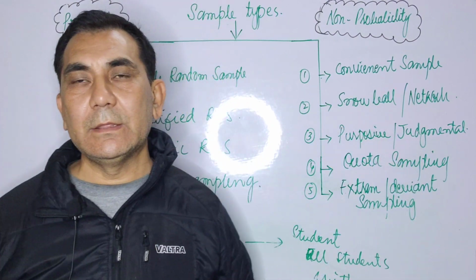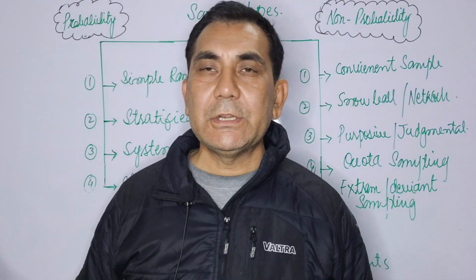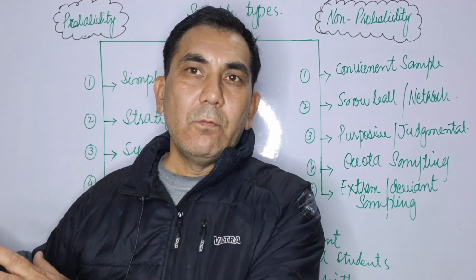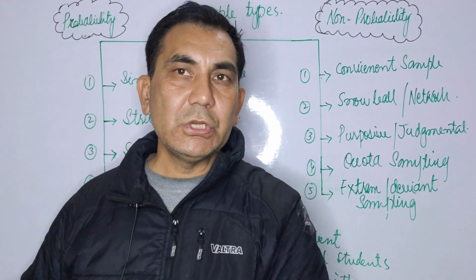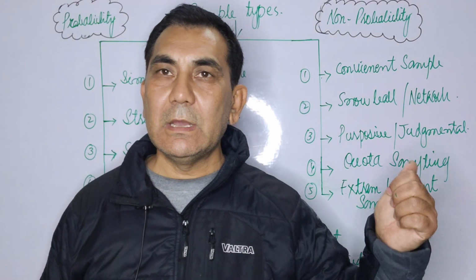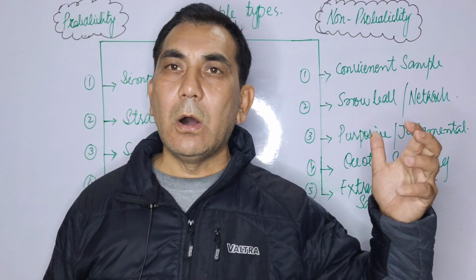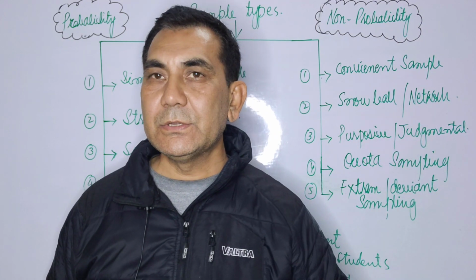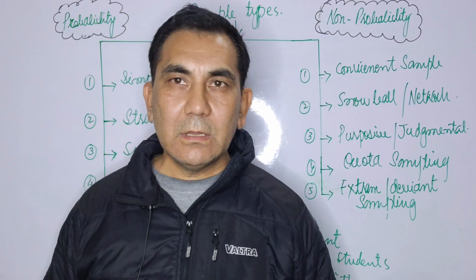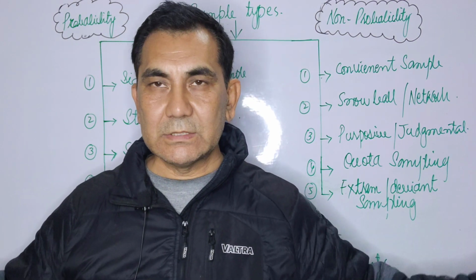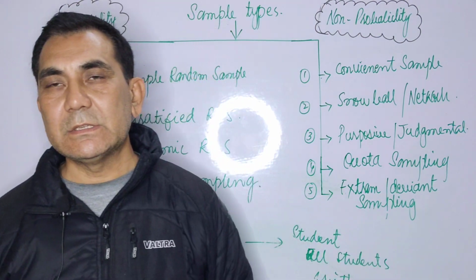As I told you in the example, we selected two types of students: one who got a 4 GPA and first position, and the second who failed all four subjects and got a GPA less than 0.5. Then we compare the feelings between these two types of students. So it is an extreme deviant sampling technique.